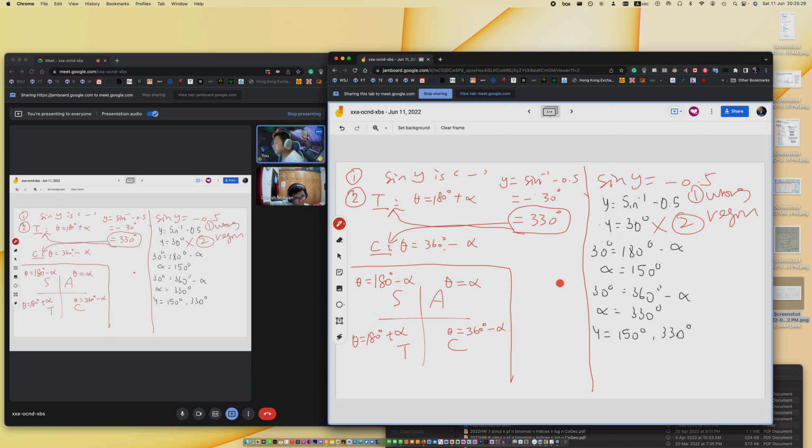Make a guess. Why C? Why not T? Or how do you decide?